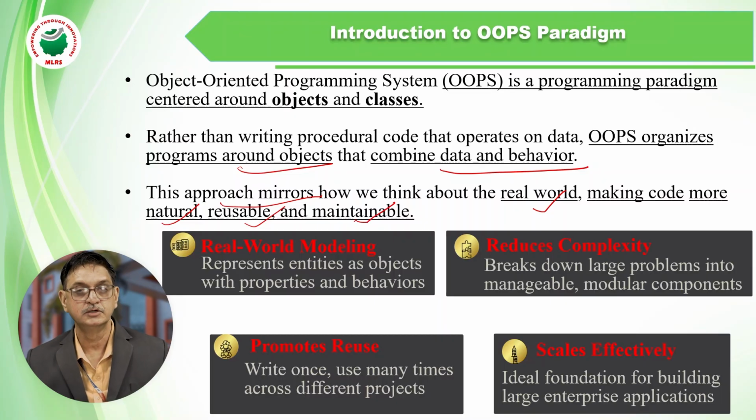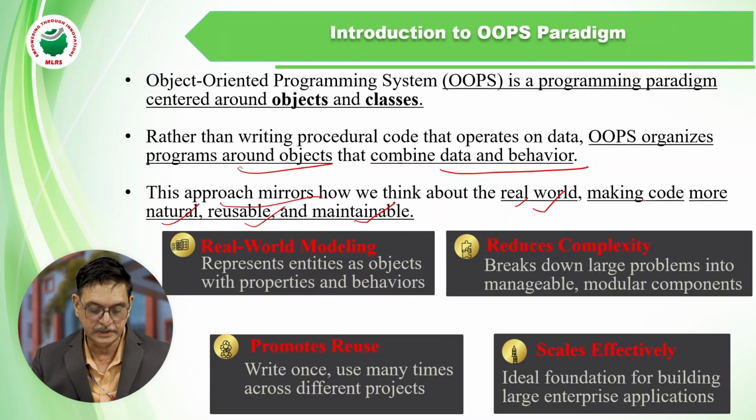When you develop code with reference to the real world, the code automatically becomes more natural, reusable, and maintainable. When we compare with real world entities, we call it real world modeling.